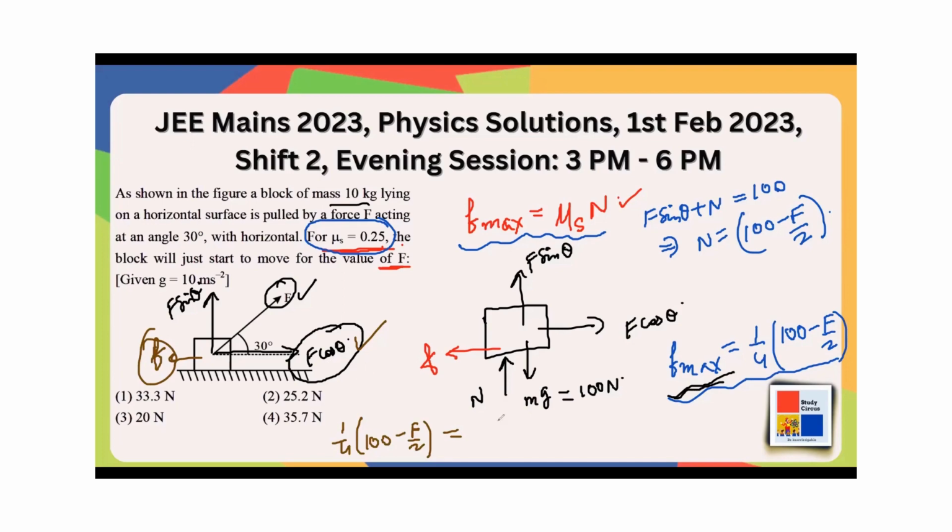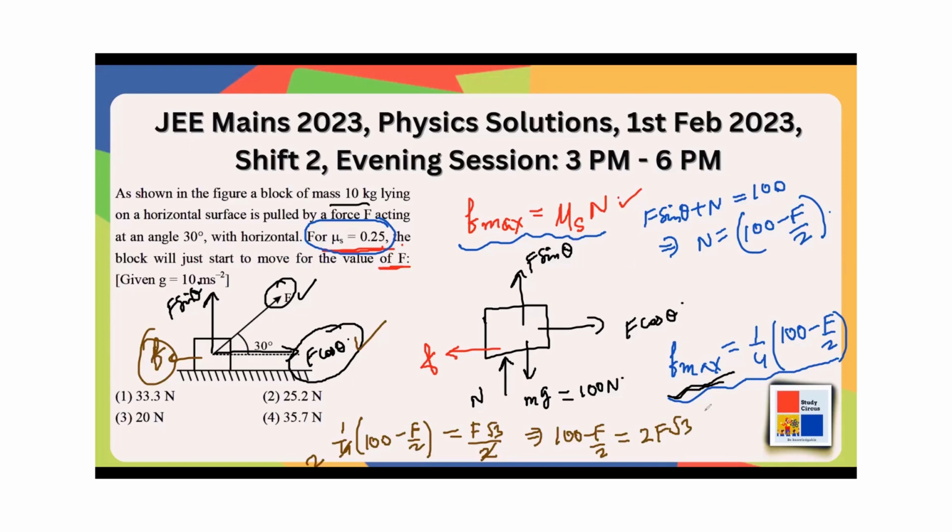So that it starts moving. F cos theta, I can write cos 30 is root 3 by 2. So F root 3 upon 2, right? So I cancel this 2, this becomes 2 here. So I can say 100 minus F upon 2 is 2F root 3 here, right?